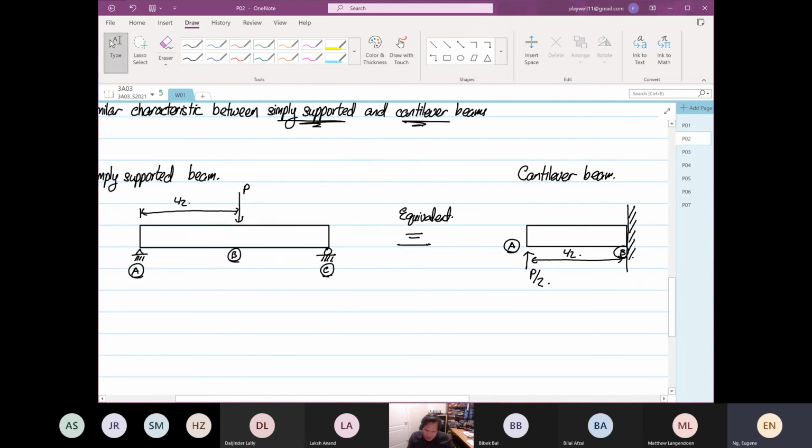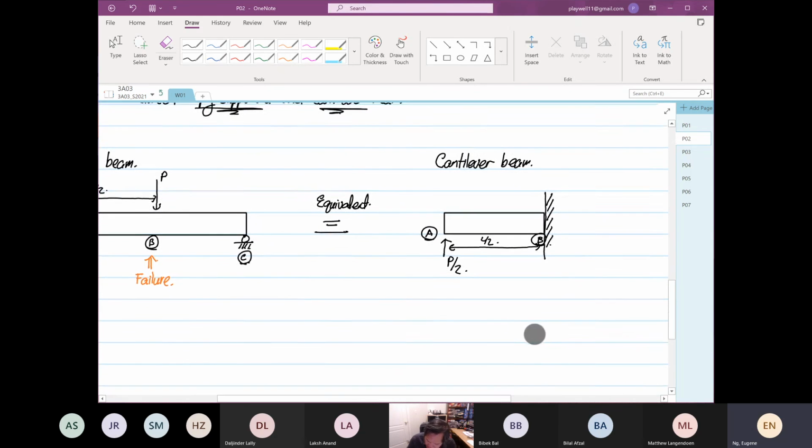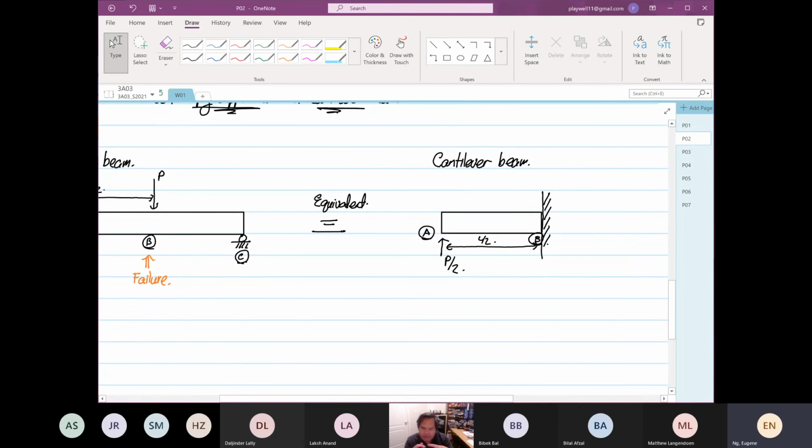So we already know that failure will occur at point B. Can anyone tell me, for the cantilever beam, where is it going to fail? Where are we likely to fail?